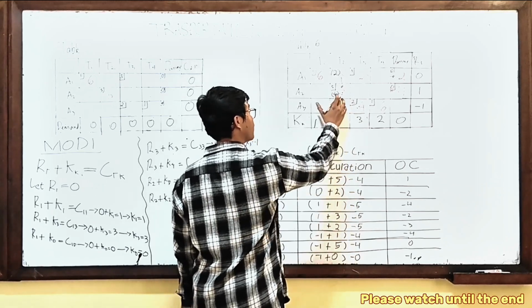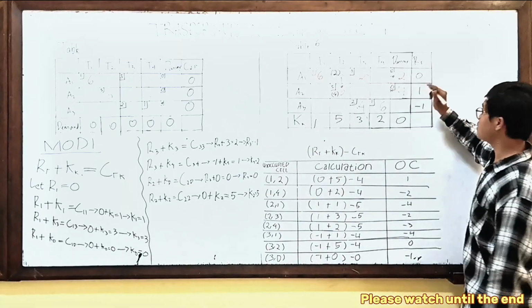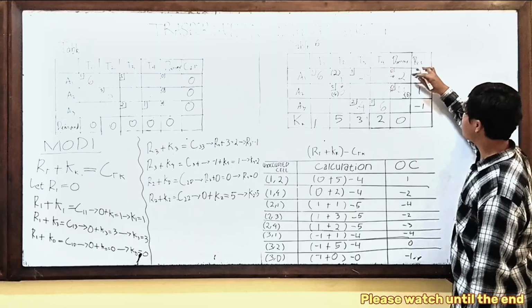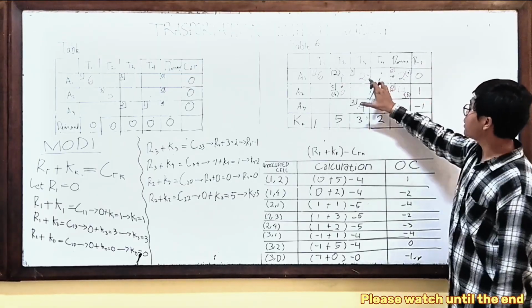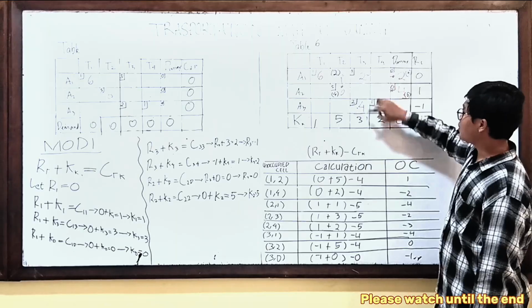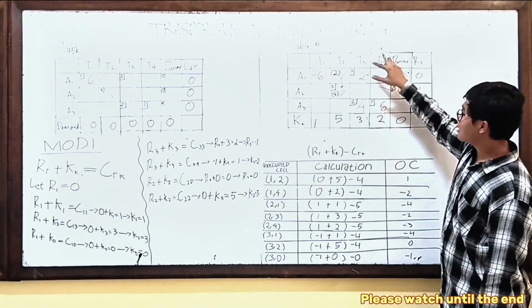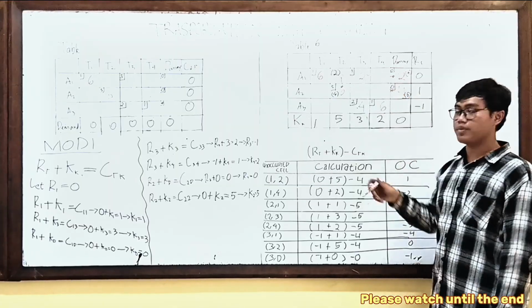Then we subtract this with 2, and then we must add 2 to this cell. Then we have 6 in here, and like before in this one, we have 4. And here we have the optimum solution because in column T3 we have 2 and 4, and here the given is 6 already.